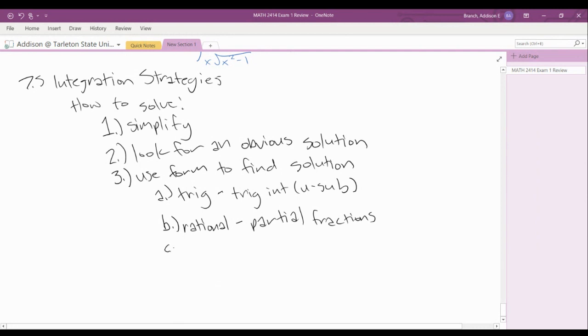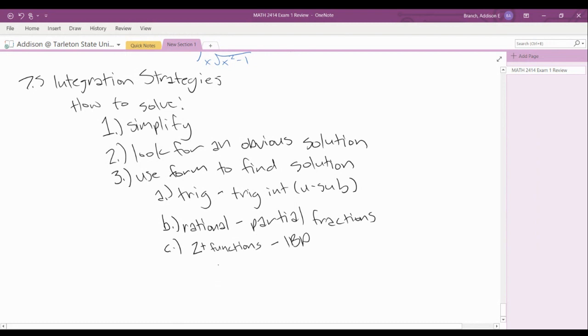For part C, or another idea, if you have two or maybe more functions multiplied, you could try integration by parts.